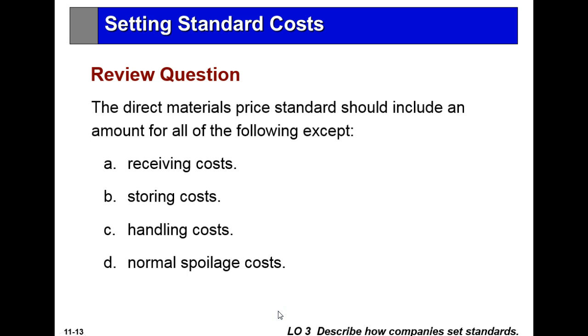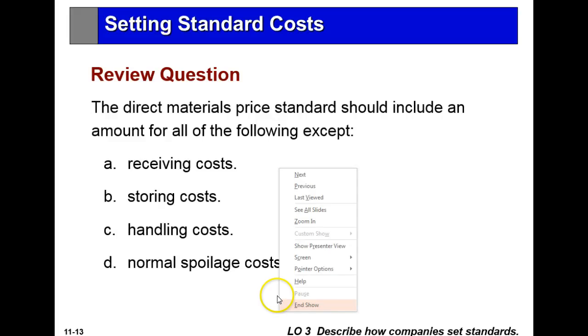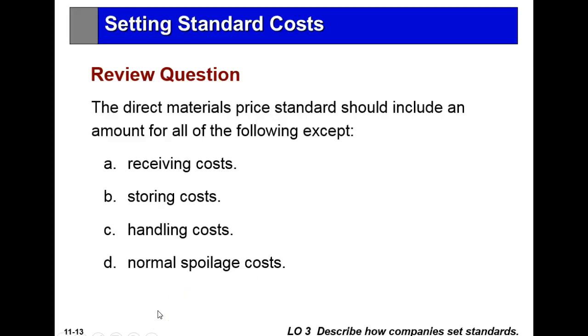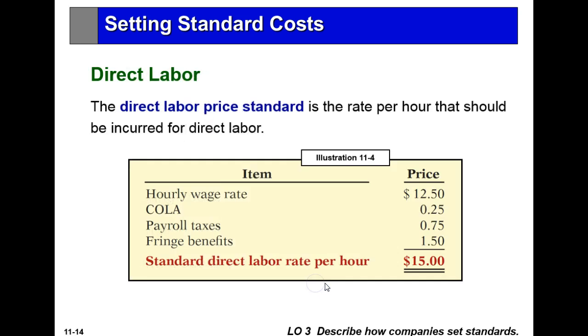The direct materials price standard should include an amount for all the following except A, receiving costs, storing costs, handling cost, or normal spoilage costs. What do you think? Anyone? Normal spoilage cost is not included in these standard costs.